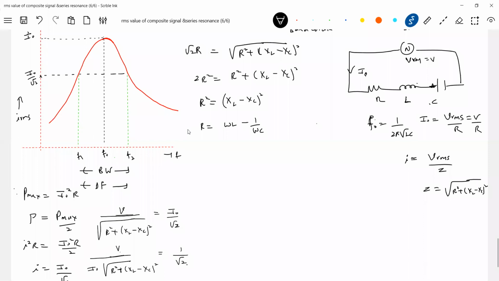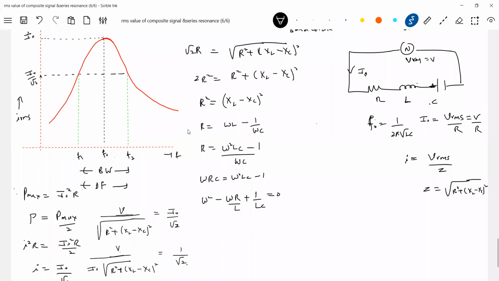So we'll get a quadratic equation: R equal to omega L minus 1 by omega C, giving omega square minus omega R by L plus 1 by LC, all set equal to 0.